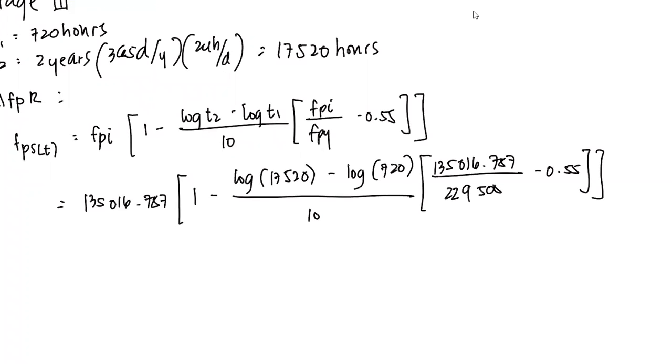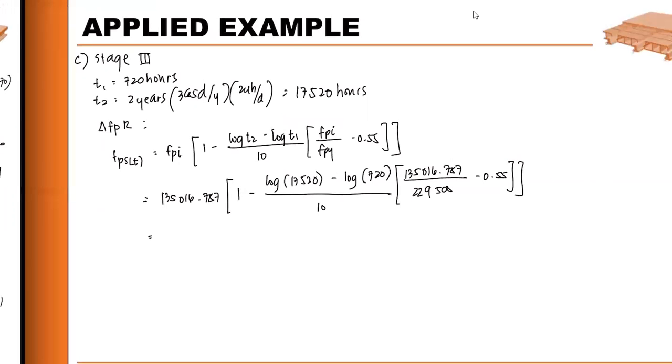Okay. So yung ating predicted value ng stress in the tendon is yung 135,016.787 times 1 minus log of 17,520 minus log of 720 over 10. Multiply that by yung value ng ating FPI all over 229,500 minus 0.55. Okay?